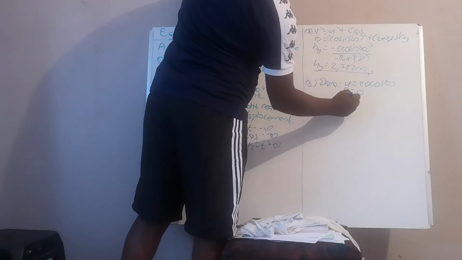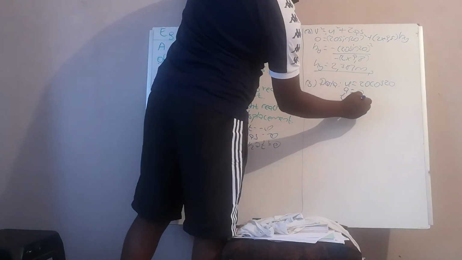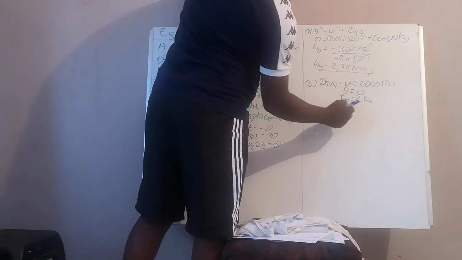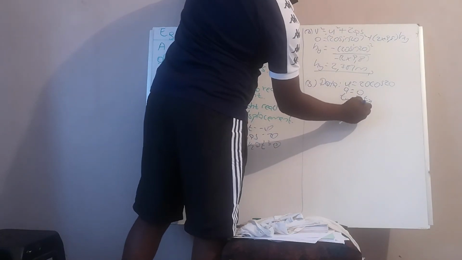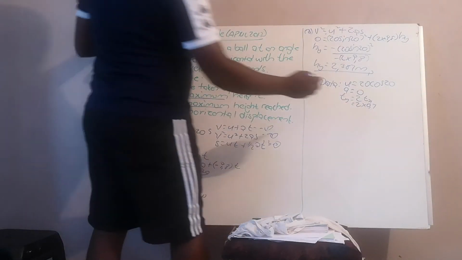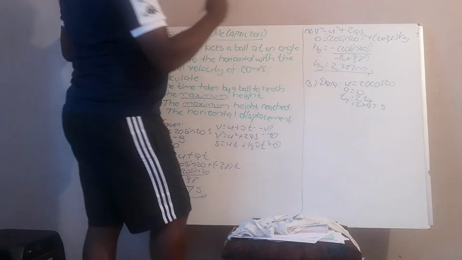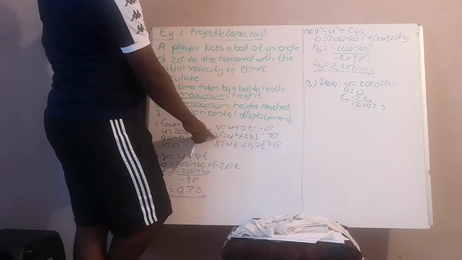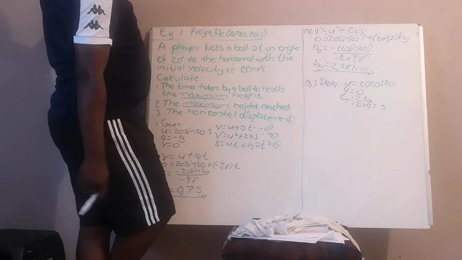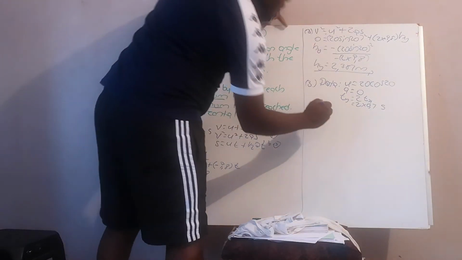Time is 2 times the time for height, meaning your time is 2 times 0.7 seconds. With your three equations, since you have acceleration, this equation is out. Second equation is out. Your acceleration is 0. Only your last equation you can use.